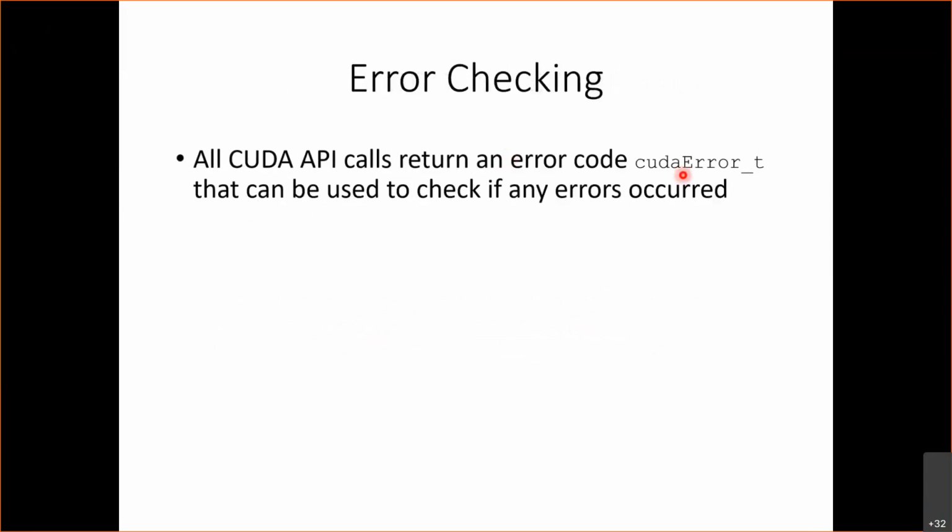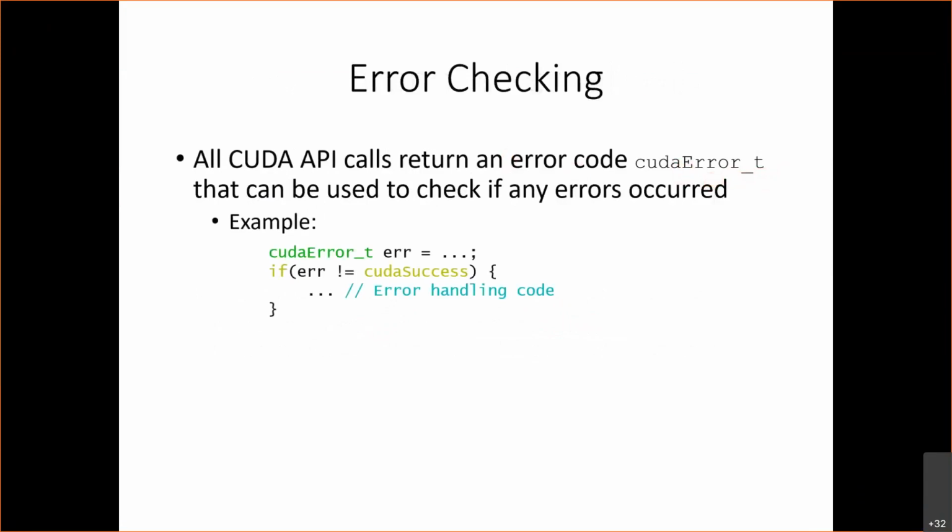Finally, error checking. CUDA has this error code, cudaError_t, which we saw, which is used to check for errors. And the way we check for errors is like this. So cudaError_t, and then we do if error does not equal cudaSuccess, then we can have some code for error handling.